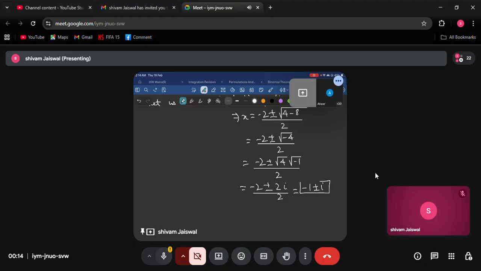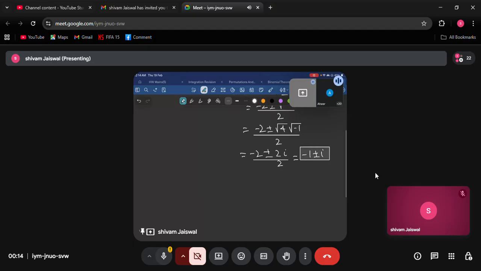This is how we introduce complex numbers in mathematics, by introducing square roots of negative numbers, where iota is equal to square root of minus 1, the fundamental unit of complex numbers.